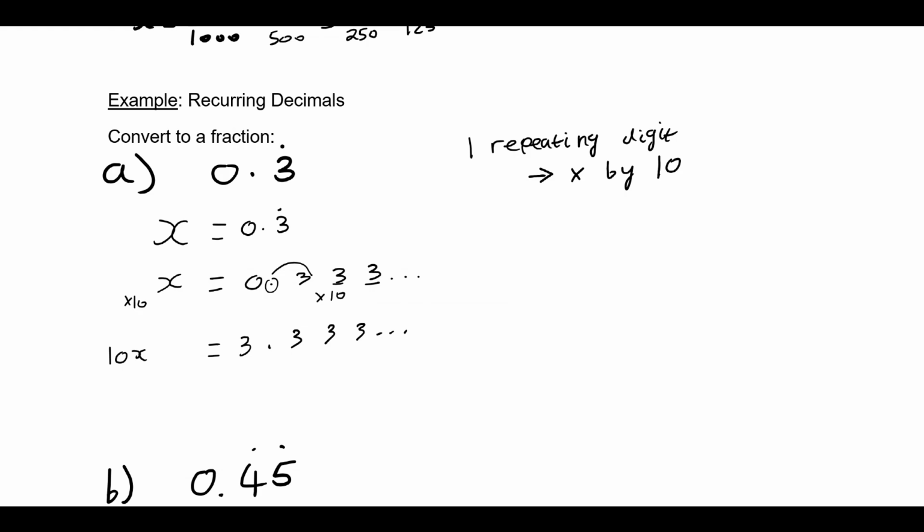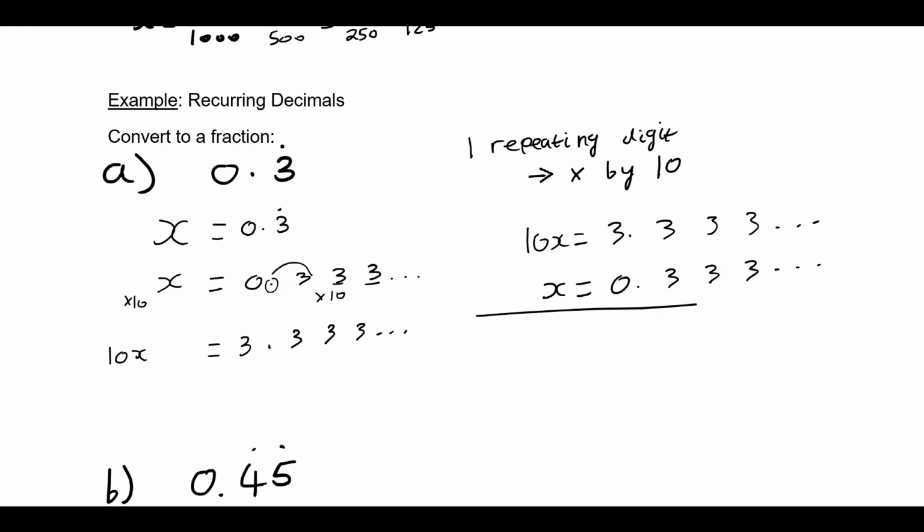Now I need to write down 10x equals 3.333 forever, and underneath that I'm going to write down what x is, and we know x is 0.333 forever. What I do now is I subtract these two expressions. 10x take away x is going to be 9x on the left-hand side, and on the right-hand side I just subtract using my column method for subtraction.